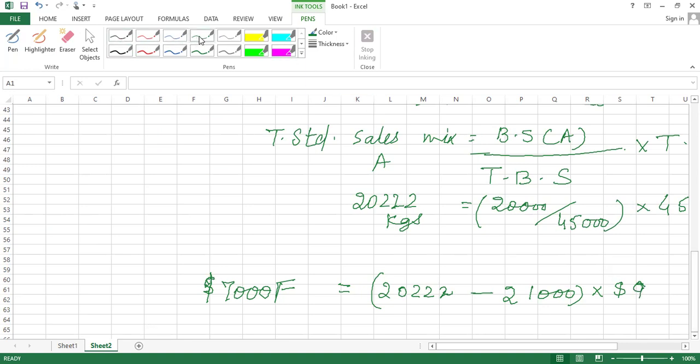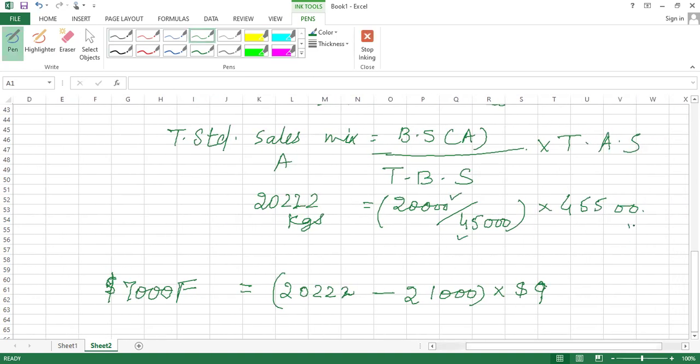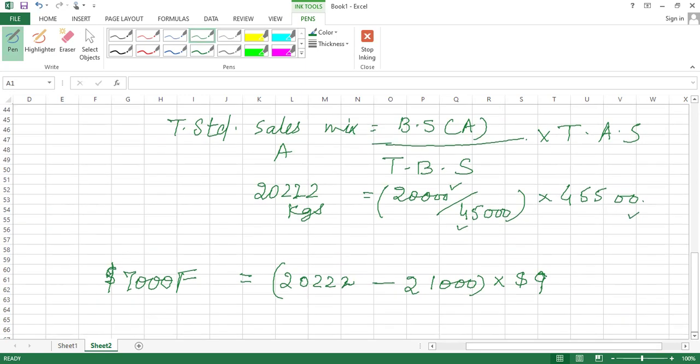When I am saying that total standard mix, what is meant by it? It means I am using budgeted sales of A divided by total budgeted sales and multiplying with the actual quantity. So this is called what? Total standard mix.